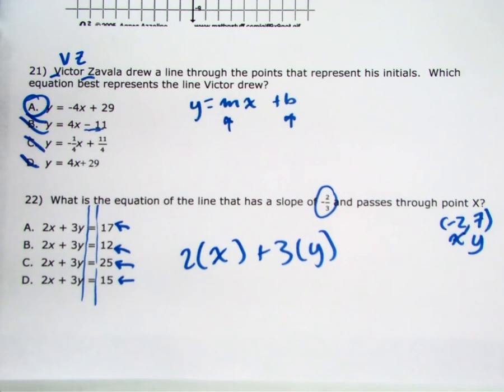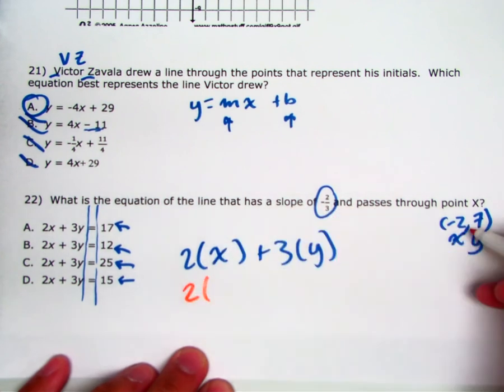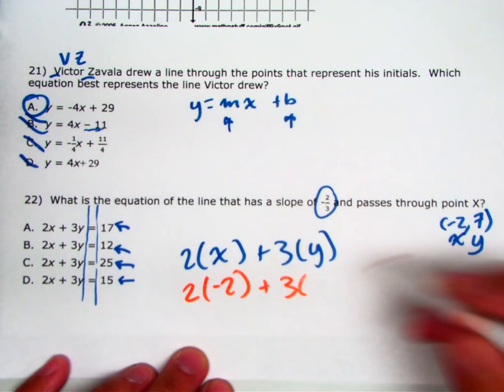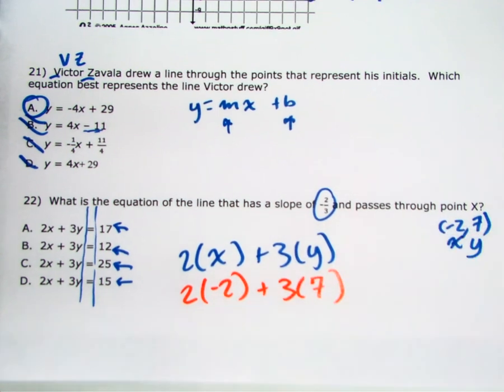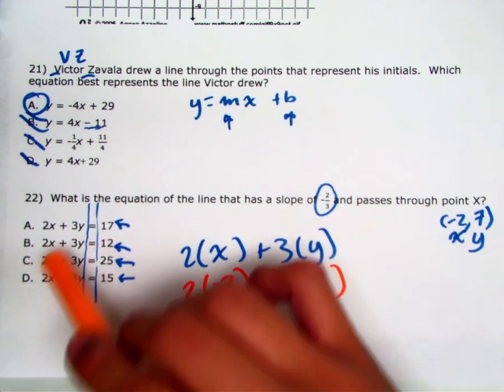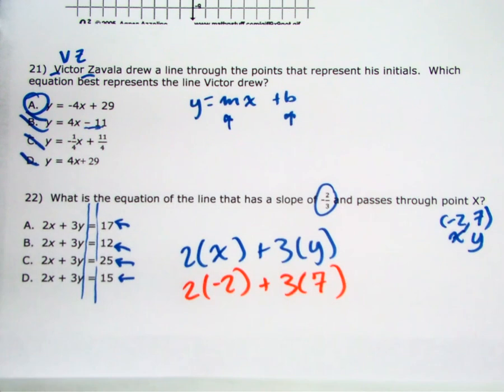That's exactly what I'm going to do. I'm going to plug in negative 2 in place of x and a 7 in place of y, because I know that if that specific point lies on my line, it will satisfy whatever equation is over here. So I have to see which number it matches up to. You can use your calculator or you can do this manually.